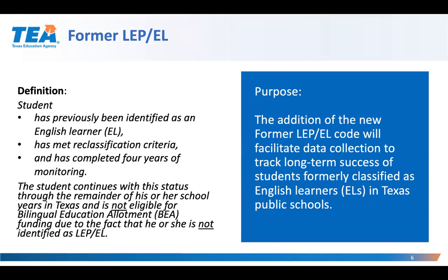Keep in mind, although code 5 is the number 5, it does not indicate 5 years, because that code will remain with them throughout the remainder of their years in Texas public schools. But again, this is not retroactive action and will only begin in the 1920 school year for students in the 18-19 school year who were coded as monitor year 4. Will now be the first students to move into our former LEP/EL code of LEP indicator 5.